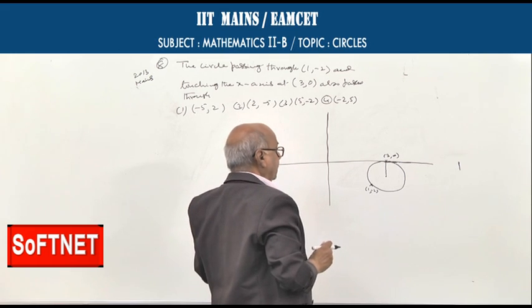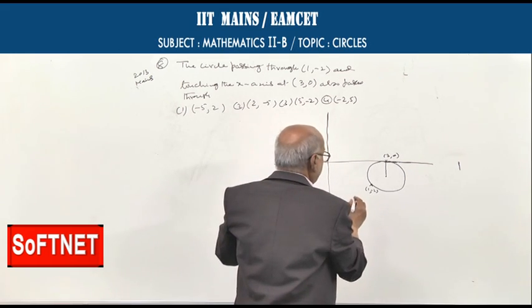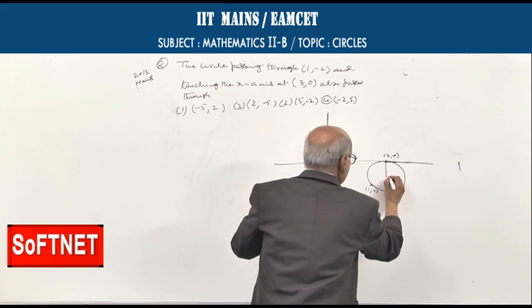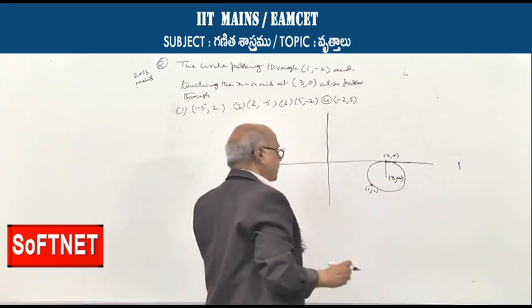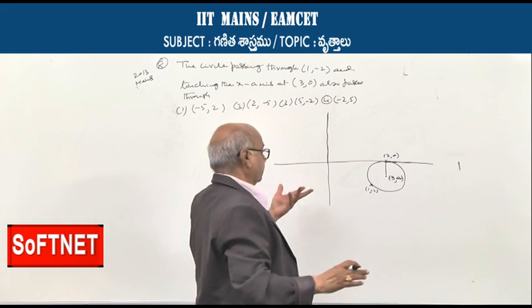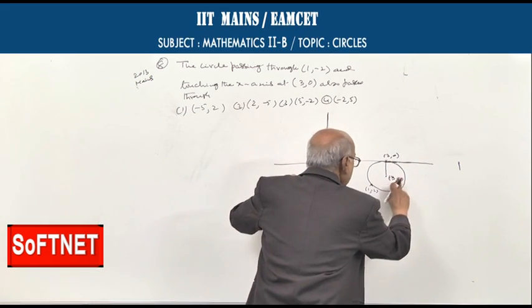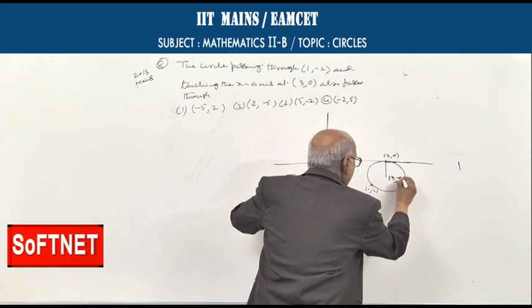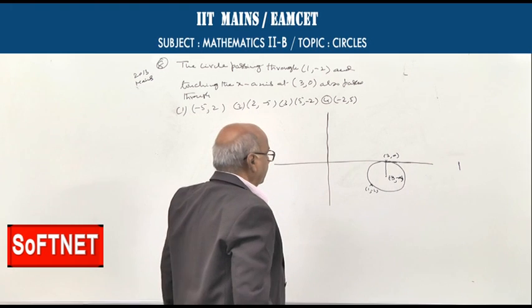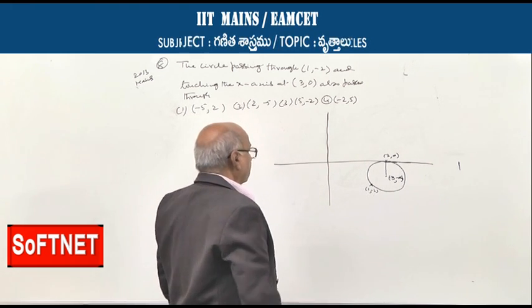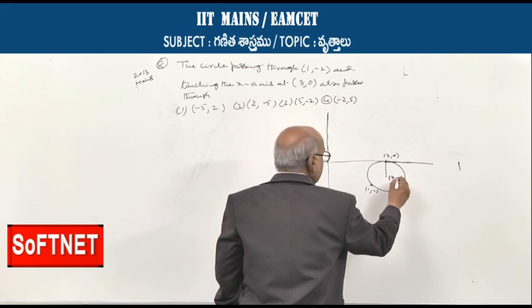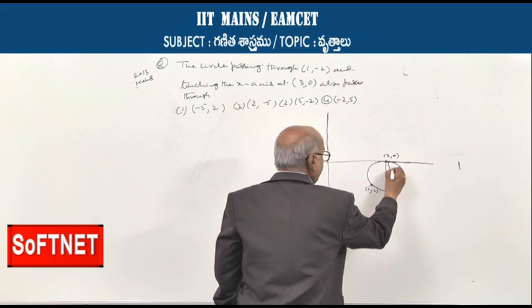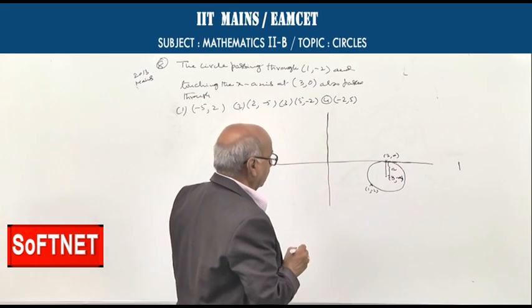Now you can see that the center will be 3 comma minus a, since it is in the fourth quadrant. What is the radius of the circle? Touching the x-axis means the radius is a itself.